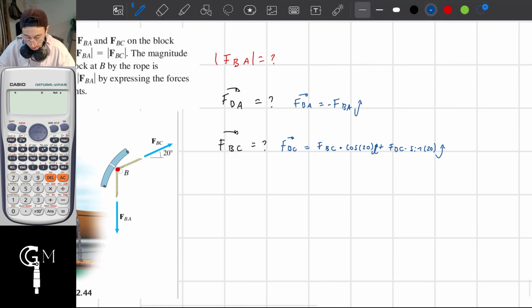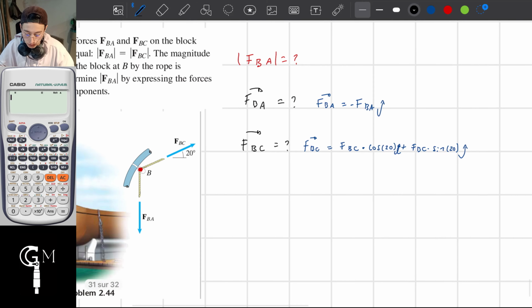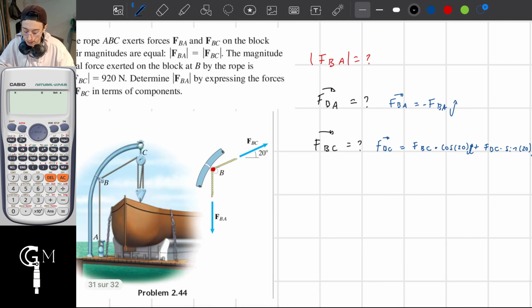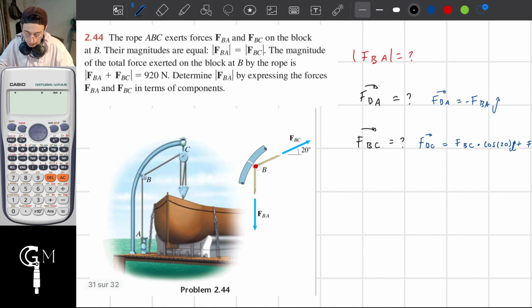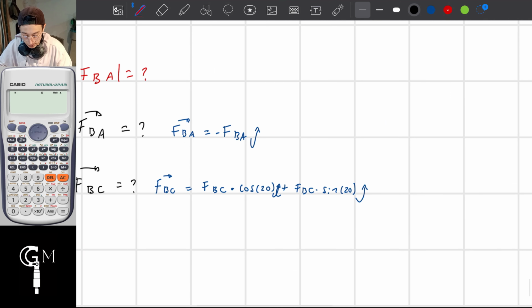Now, for us to solve the exercise easier, we have to use a statement that the exercise gave us, which is that FBA is equal to FBC, which means that FBA, the magnitude, is equal to FBC, the magnitude.